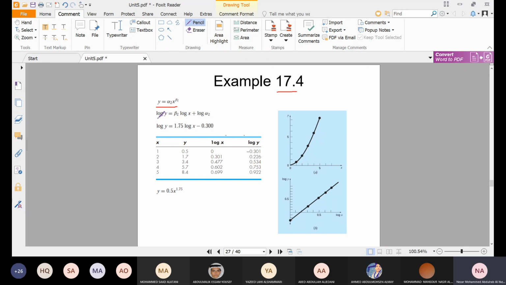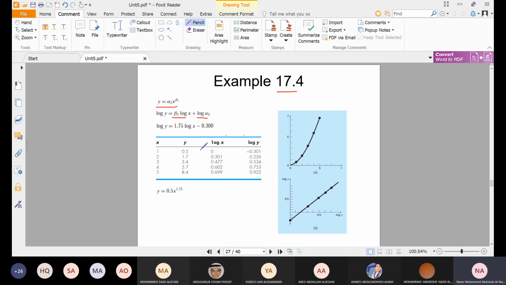I have log y, and here I have log alpha 2, this coefficient, plus beta 2 log x. This will be the second coefficient.